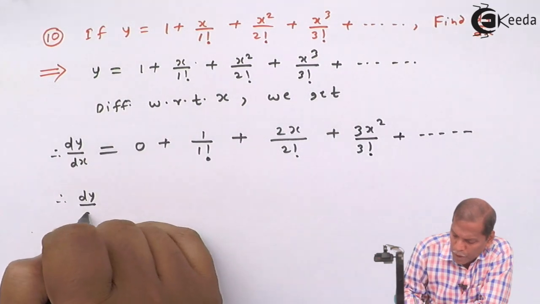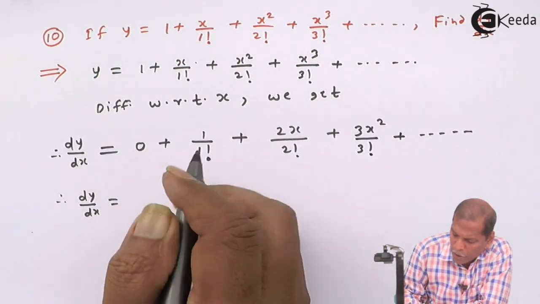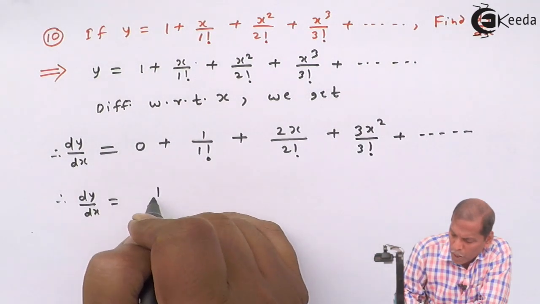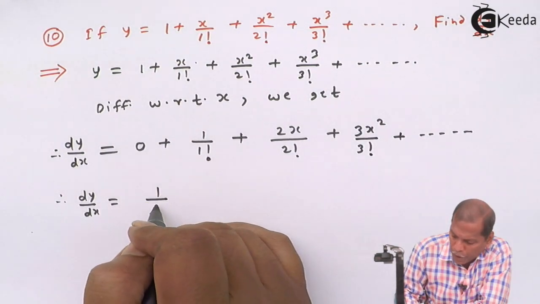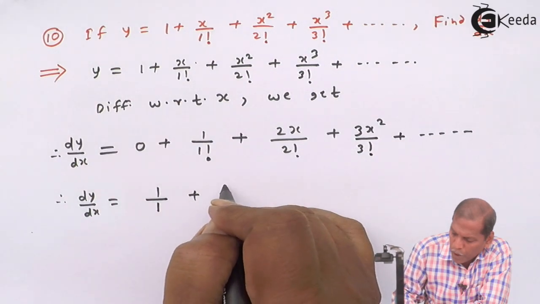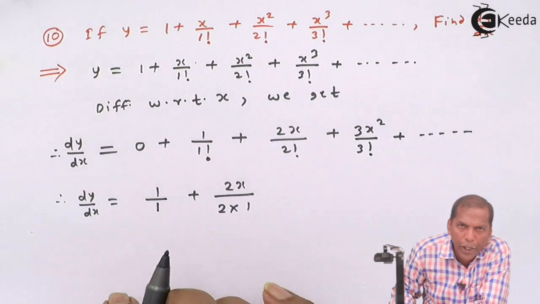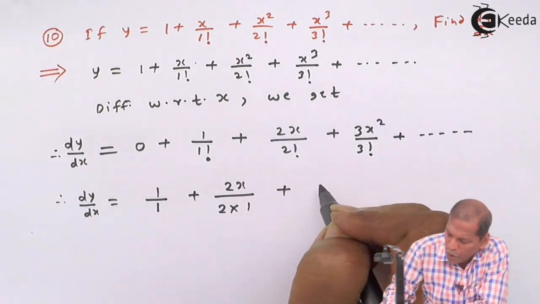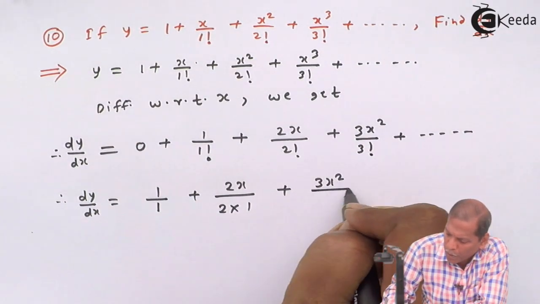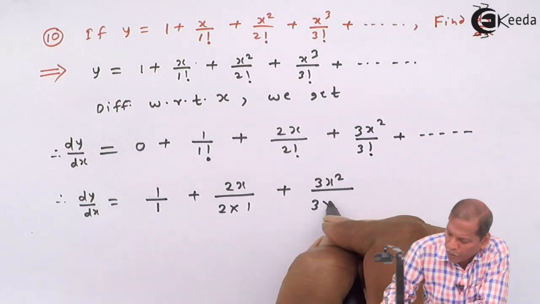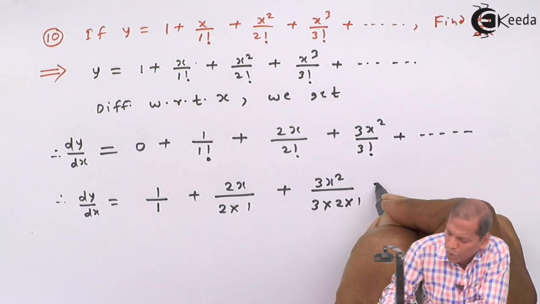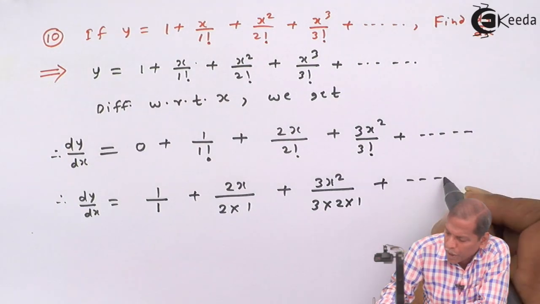So therefore dy by dx is equal to 1 upon 1 factorial, which gives us 1, plus 2x upon 2 factorial, meaning 2 into 1, plus 3x square upon 3 factorial, meaning 3 into 2 into 1, plus so on.